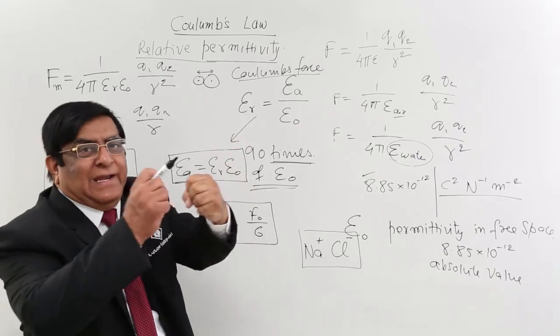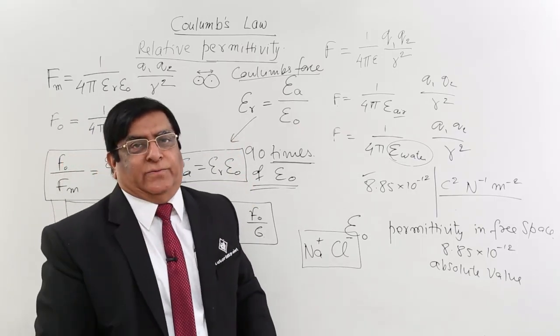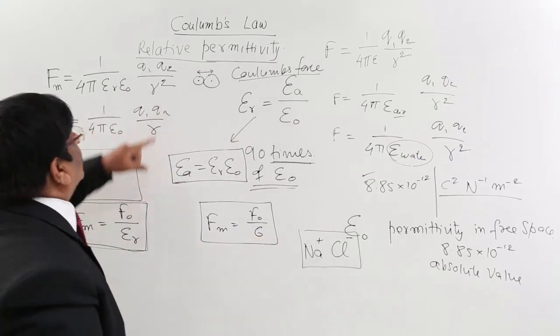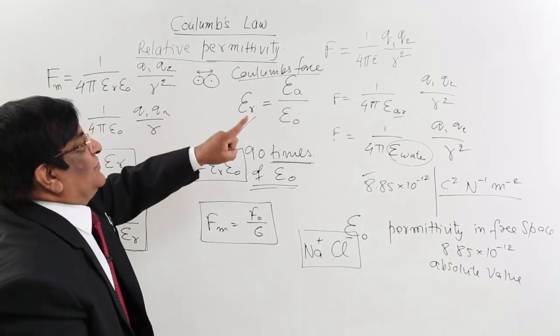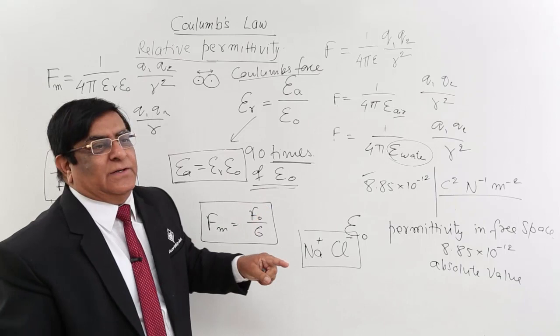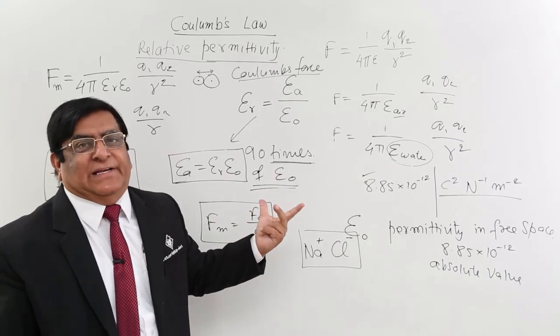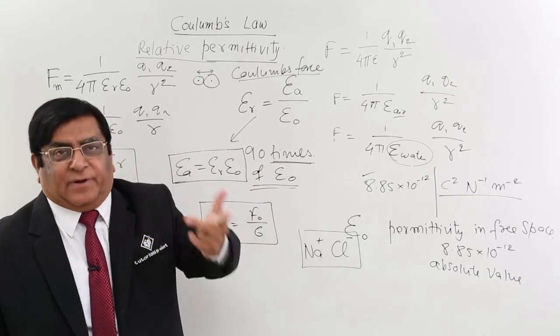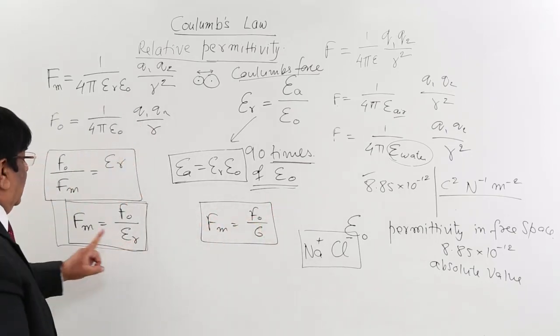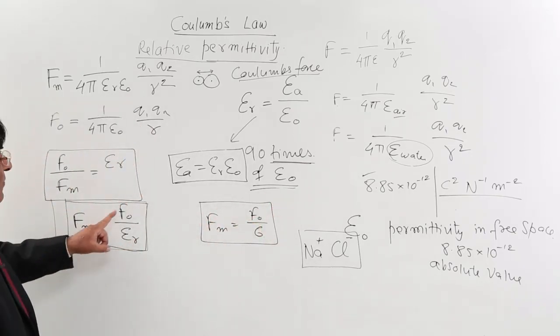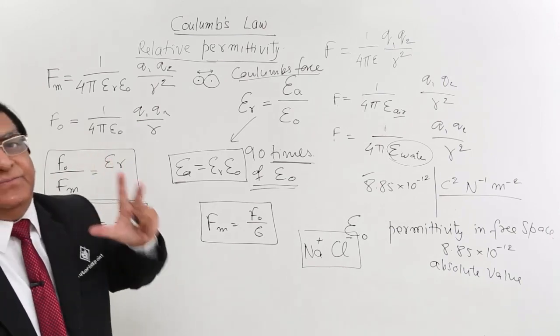That is why Na and Cl make one molecule, an electrolytic compound. But when we place it in water, the medium has changed, and water has a relative permittivity of, say, 80. So the force within the medium will decrease by 80 times.